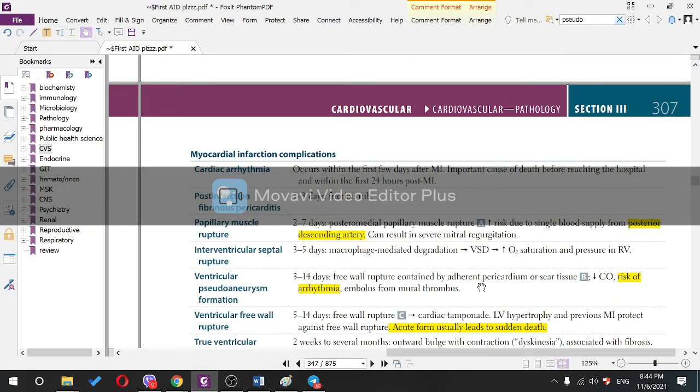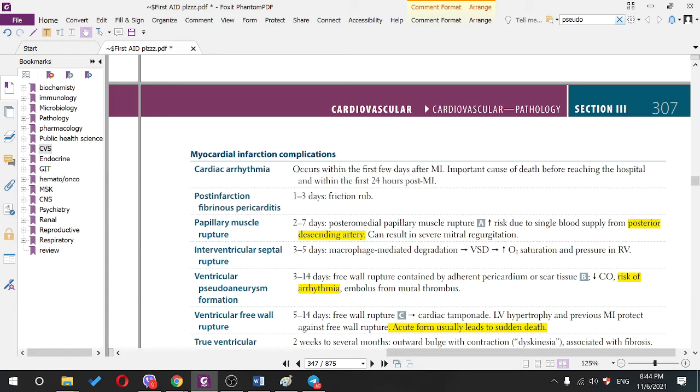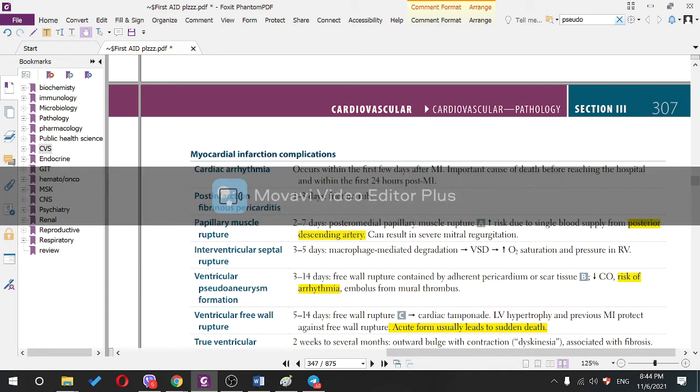Okay, so let's go back here. So interventricular septal rupture, the patient has, it occurs between 3 to 5 days. Macrophage mediated degradation, VSD, increased O2 sat, and pressure in the right ventricle. Okay, so the next thing you must know, it's including a complication as well.